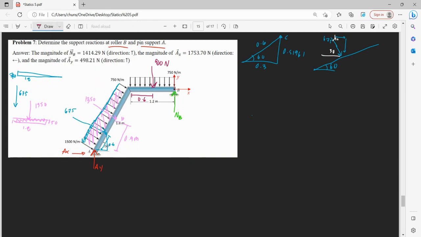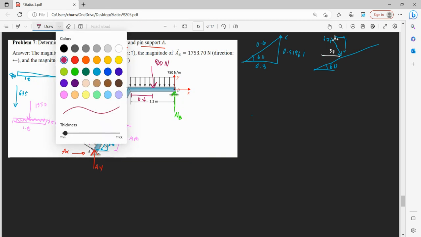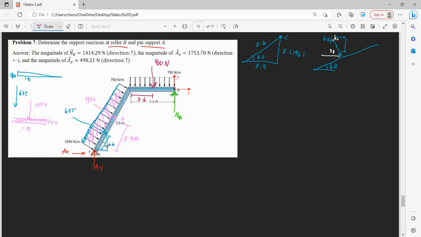Okay, and with our pink force, so this is point D. So it acts at 0.9 along the beam. So then let's do some more trigonometry. This is 0.77942.